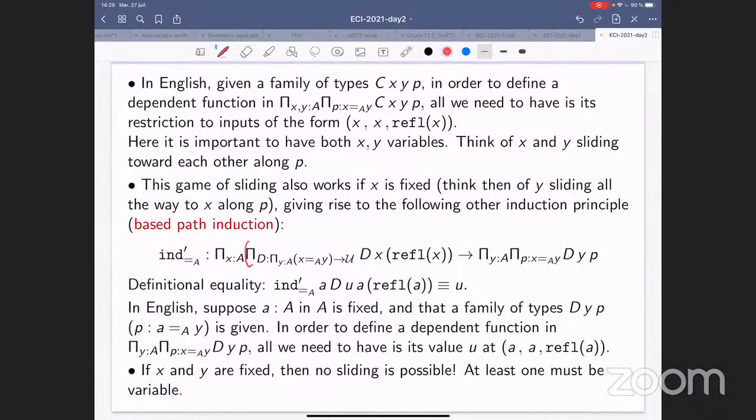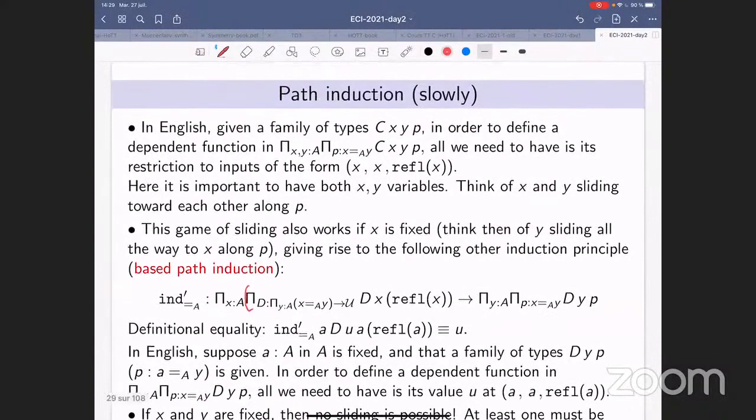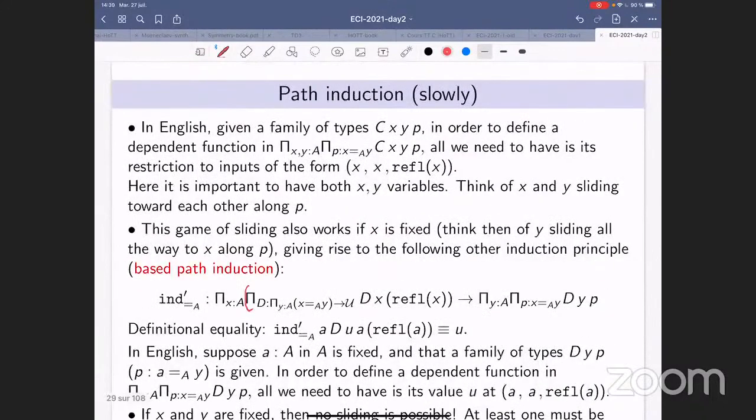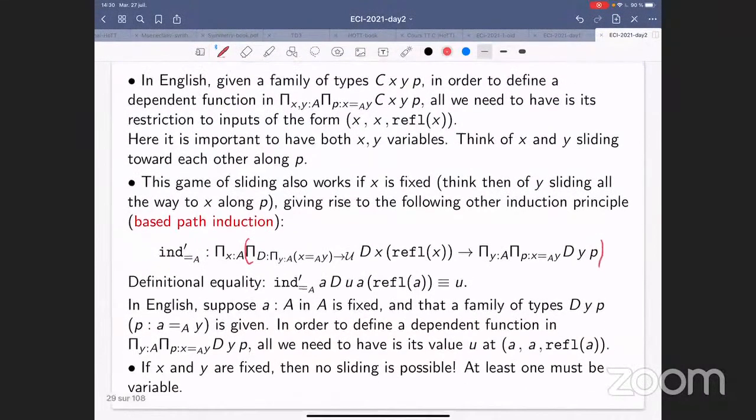This is why, if we take the two points to be variable, we have the standard and official induction principle called path induction. And if we fix one and let the other vary, we have this thing called based path induction. Great.